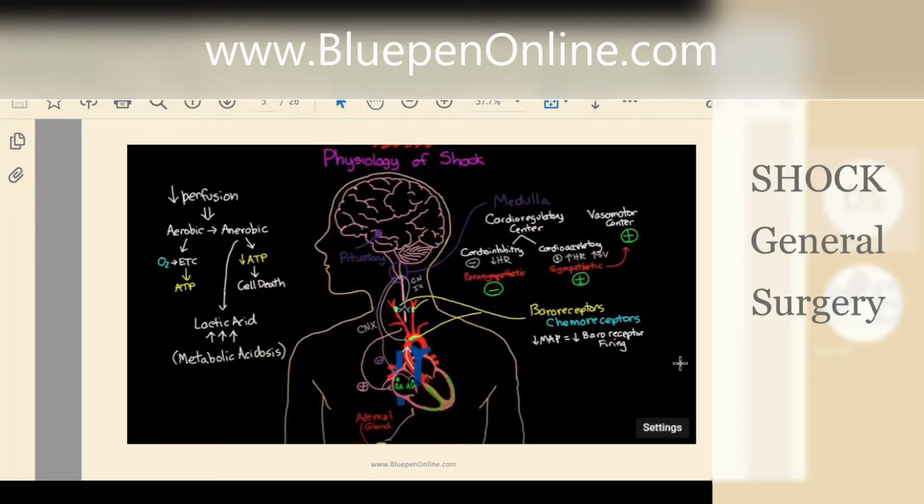Therefore, the person in shock starts getting an increased heart rate through the sympathetic nervous system, and increased stroke volume also. And there is a center called the vasomotor center, which is stimulated along with the cardio-acceleratory center.